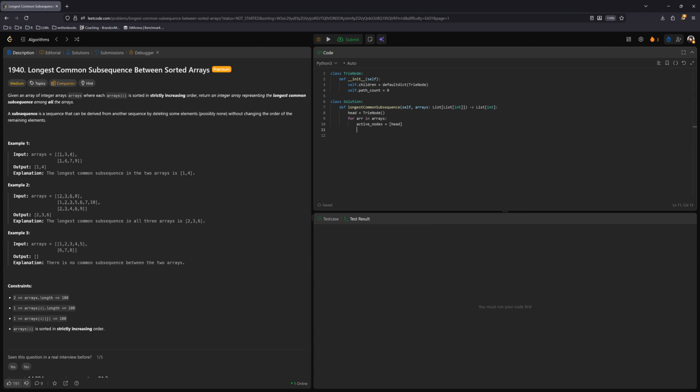So we leave it, we add a new one. How in the hell is that going to work? Wait, we're going to have 100 factorial? I mean, that's not going to work.